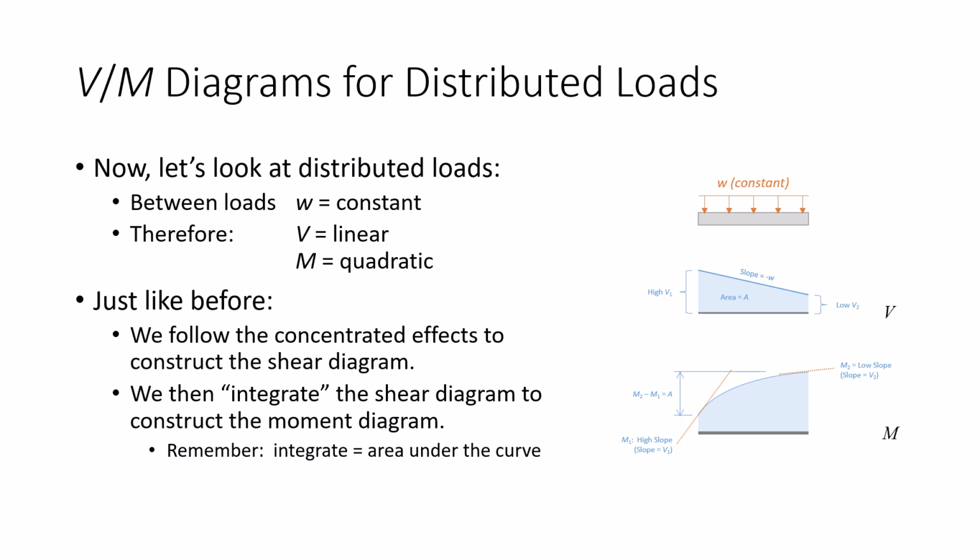So you're going to go from, let's say, a high shear to a low shear, a lot of shear to a little shear. What that means when you construct your moment diagram is you have a lot of slope to a little slope. So a shear diagram in this fashion is going to result in a parabola that goes like that. Now, if I were to keep plotting, that parabola would open down, right?